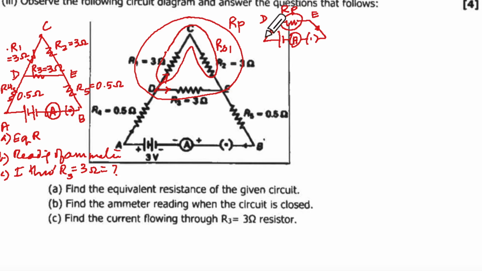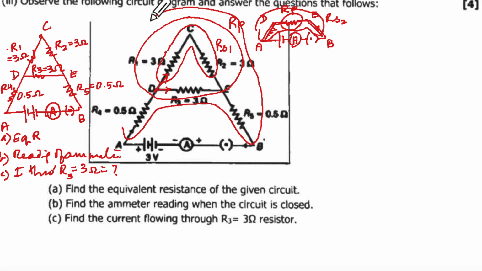This is RP, and this is your A and B. Now the current is going to go this way, and come this way. Means this and this, they are in series. So this is my RS2.